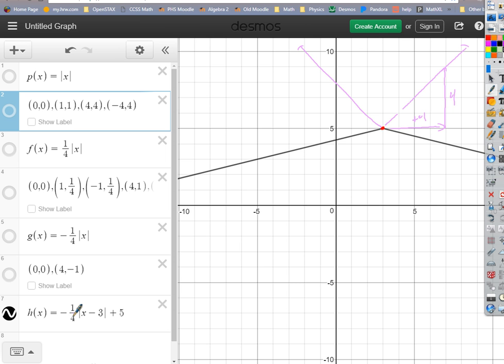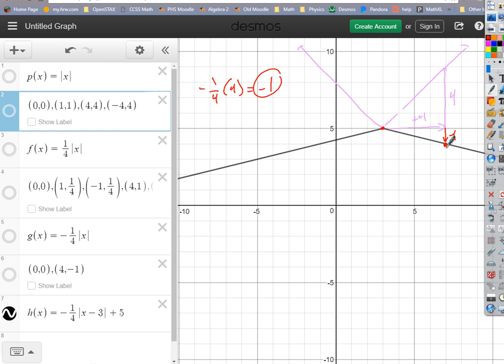From our starting point. So from here, we know that negative 1/4 times 4 equals negative 1. So we're going to go over 4 and down 1 to get to another point other than our vertex.